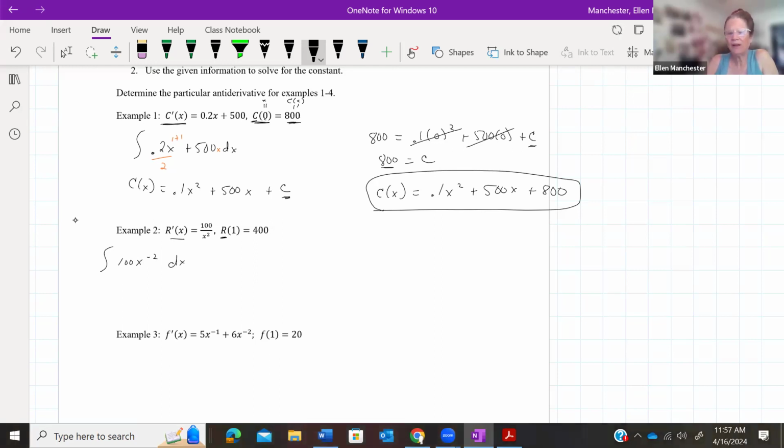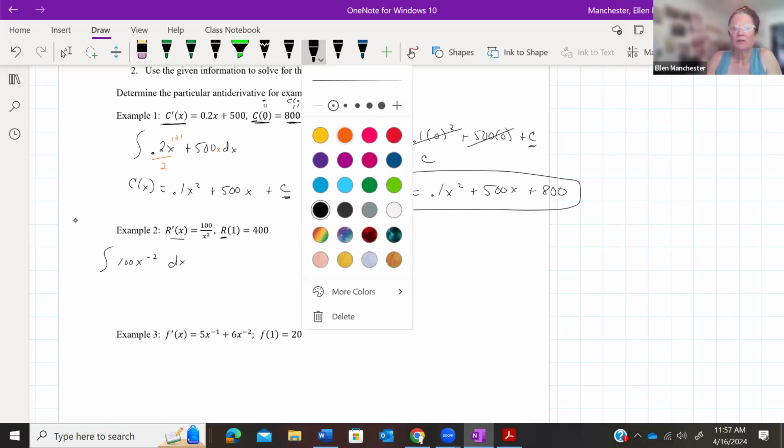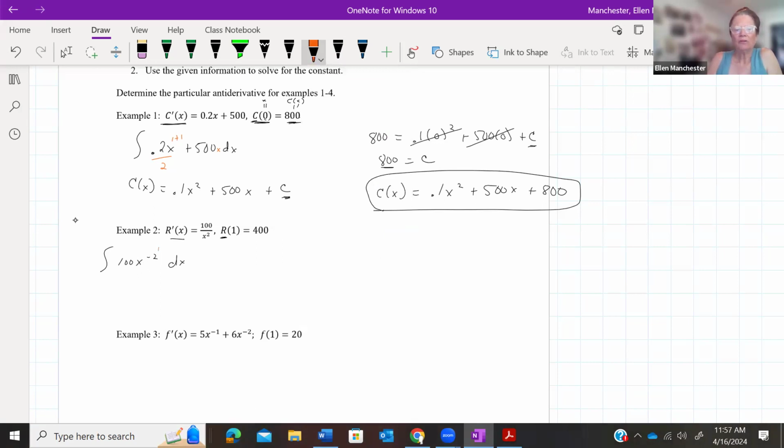Okay, because you can't find the derivative or the antiderivative of 100 over x squared. But I can find the antiderivative of 100x to the negative 2. Okay, so I'm going to add 1, divide by my new exponent. So I get my revenue function equals negative 100x to the negative 1 plus c.